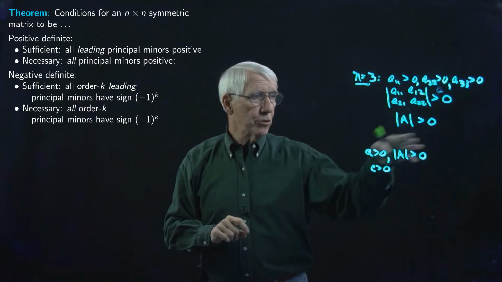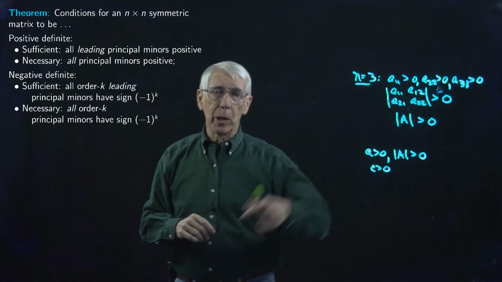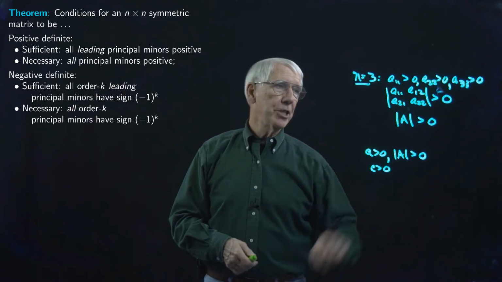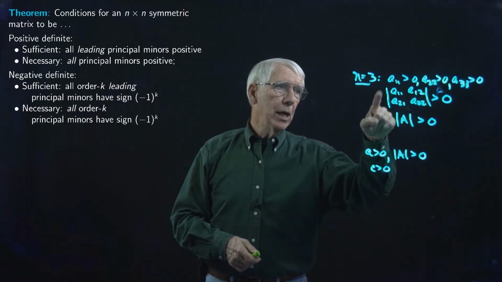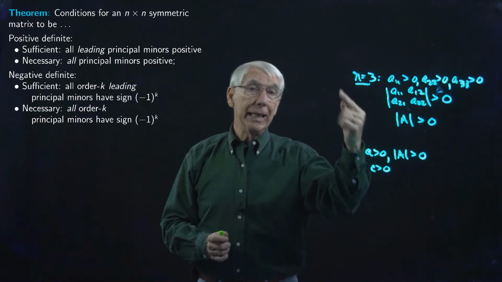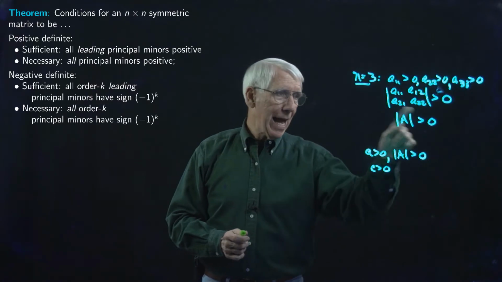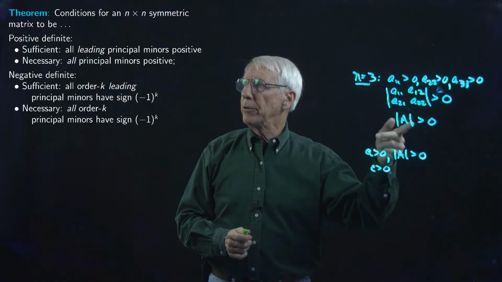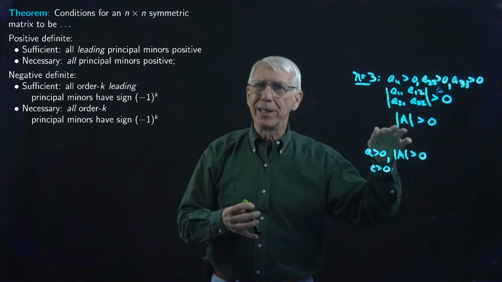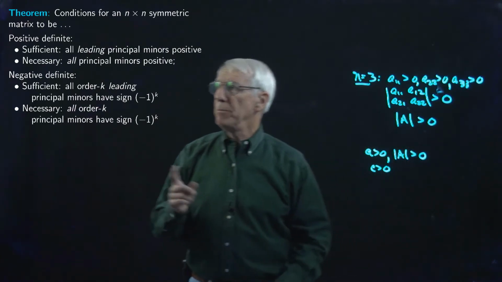We've written it out for n equals 3. If I wrote it for n equals 4, the sufficient condition would be A11 greater than 0, the 2 by 2 minor greater than 0, the 3 by 3 leading principal minor positive, and the whole 4 by 4 determinant being positive. That would be sufficient.